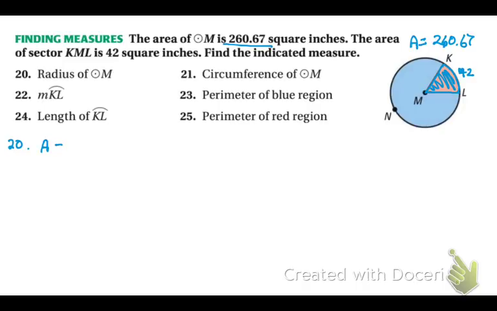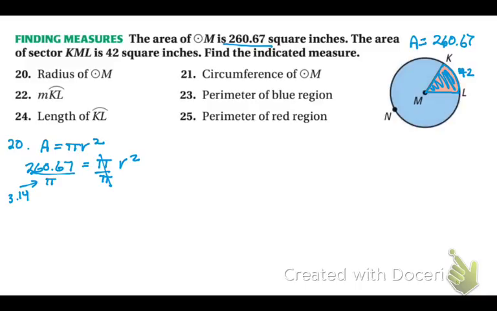So 260.67 is equal to pi times r squared. We're going to divide both sides by pi. Those two cancel, and here we're going to substitute 3.14 for pi.